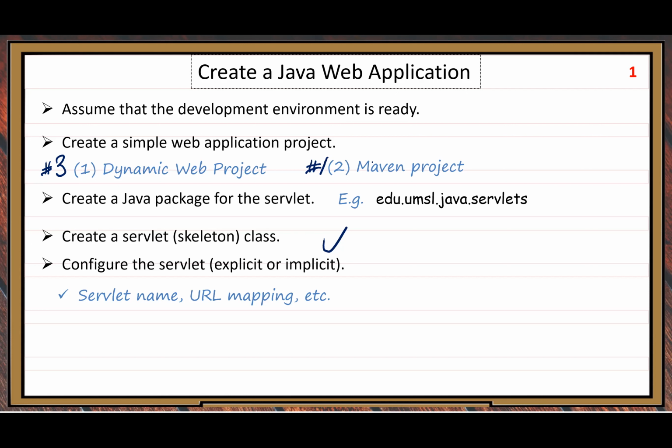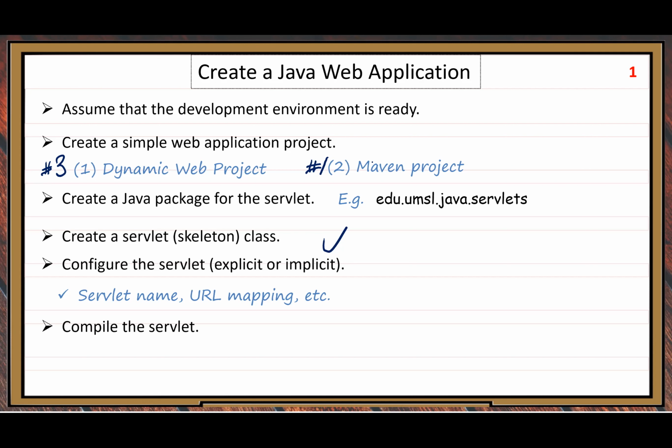Capital H, capital S, just the same as the class name, but I changed it to lowercase hello. All right, yeah. We can change. So that's the configuration part. After that, the Java web server knows how to call the servlet.